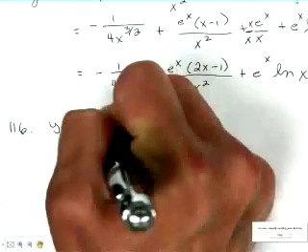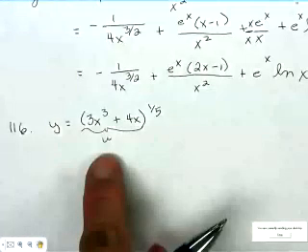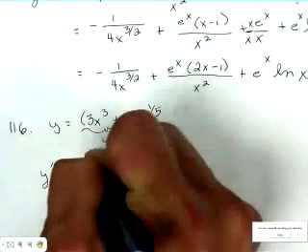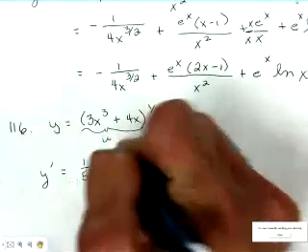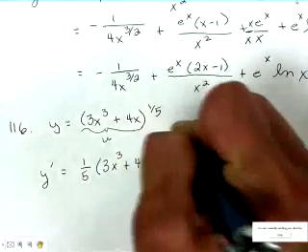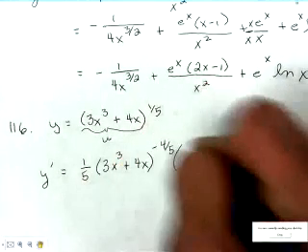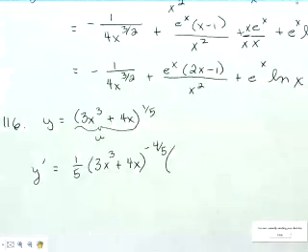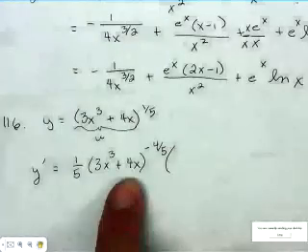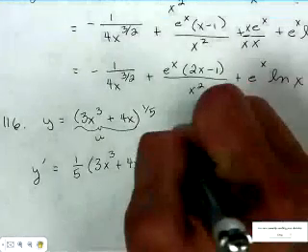And the derivative of ugly to the 1/5 is 1/5 same old ugly to the negative 4/5. But then I also have to have the derivative of the ugly, which would be 9x squared plus 4.